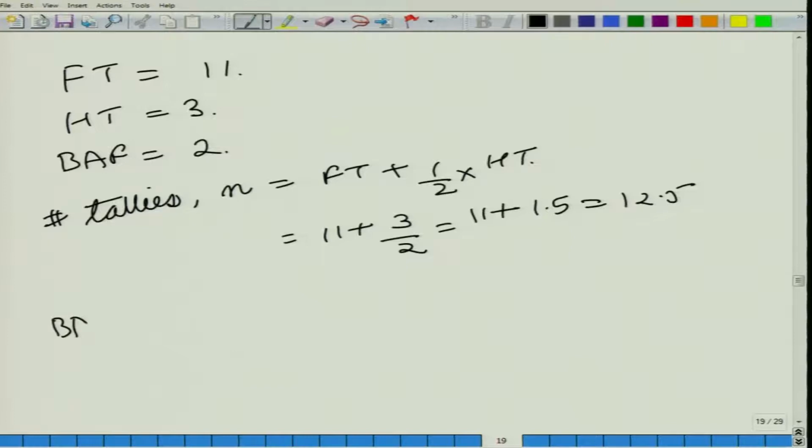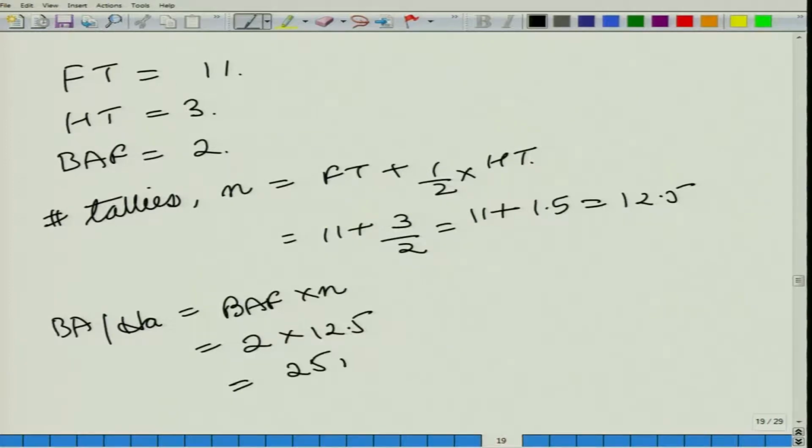Now the basal area per hectare is given by BAF times n. So here BAF is 2, times 12.5 is 25 square meter per hectare. So this is how we calculate the basal area density of a stand if we have the basal area factor and the number of trees in full tally and in half tally.